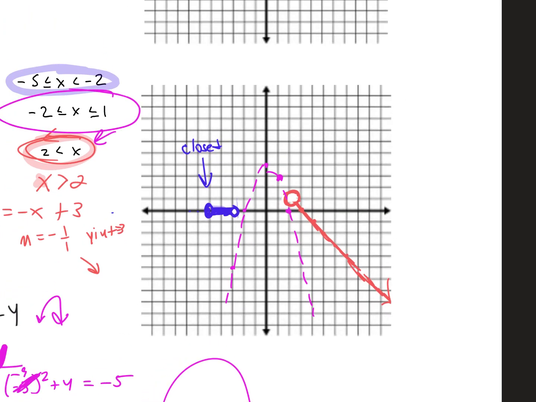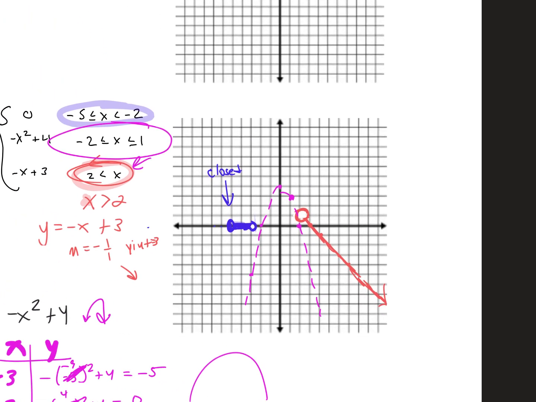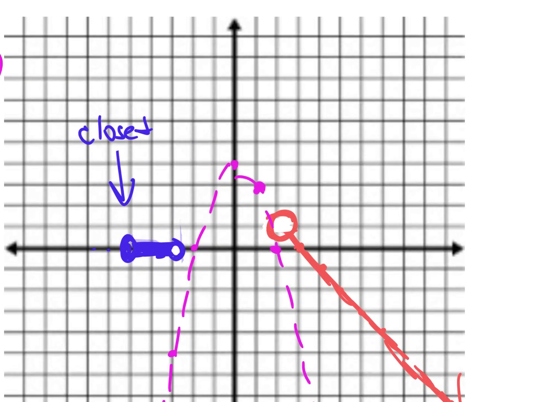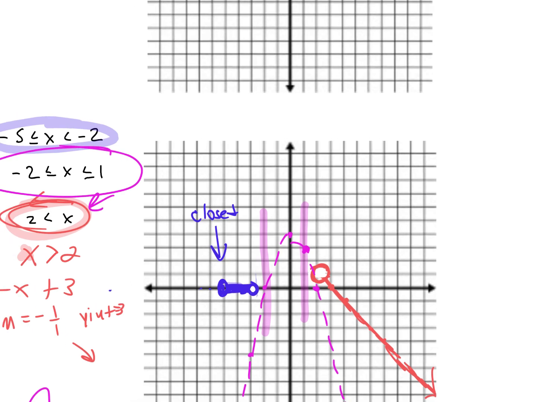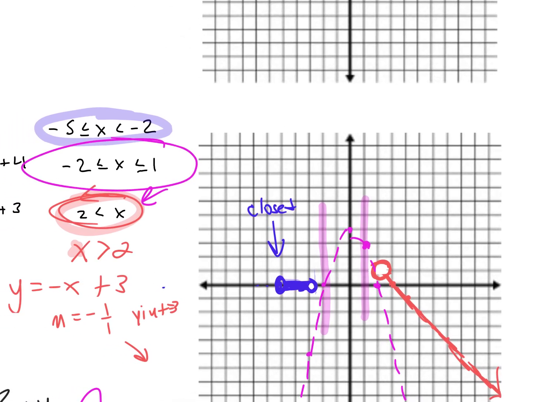Now, where do I want the values between where and where? Where's the vertical line I'm going to draw? Negative 2 and positive 1. So between negative 2 and positive 1. It says I want all the stuff that's where? In between or on the outside? Negative 2 is less than or equal to x, less than or equal to 1.